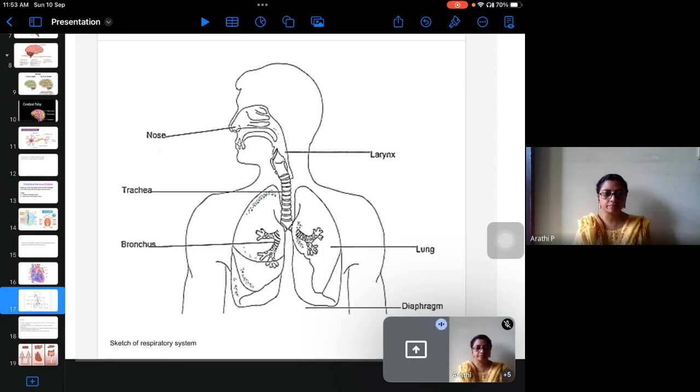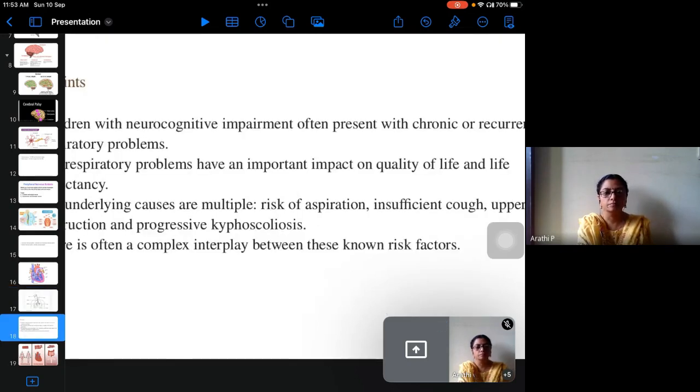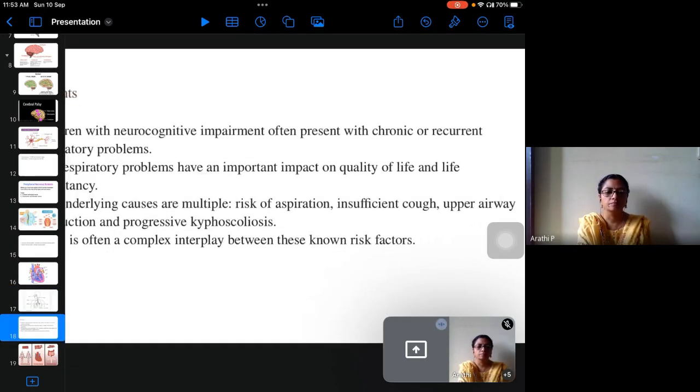Now, what all problems can happen when it comes to the lung? Where all can we go wrong? Any idea? See, one thing is aspiration.